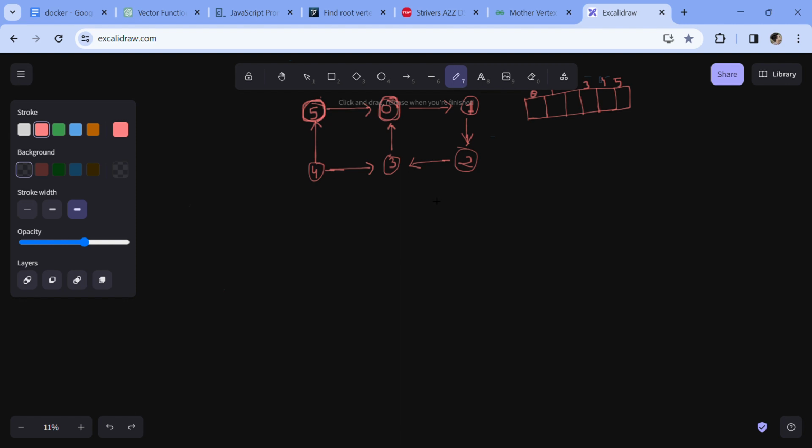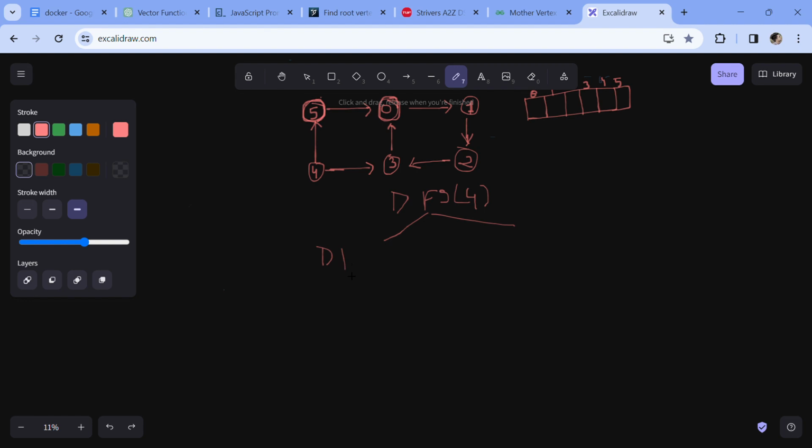So let's say I make the DFS call from 4, so DFS of 4. From 4 there are two paths available. The first path will be, from 4 we can go to node 5 and node 3.